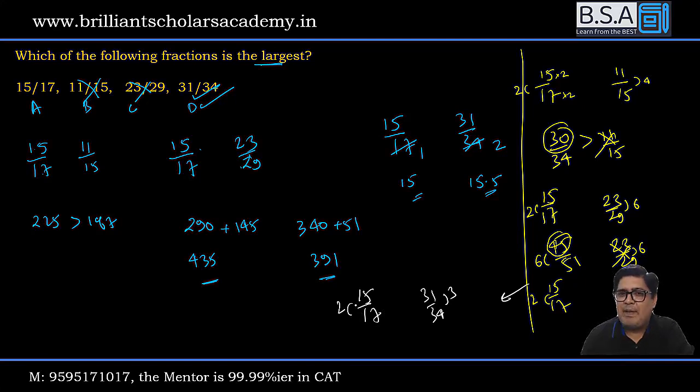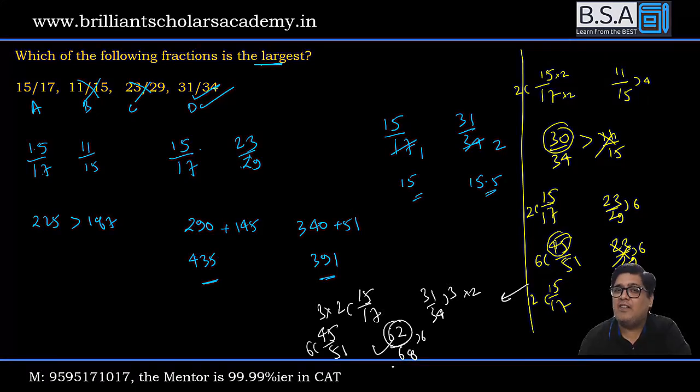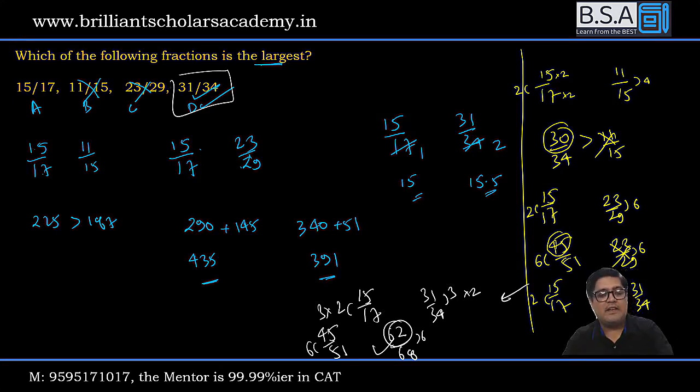Can I make the gap equal? इसको 3 गुना कर दो, इसको 2 गुना कर दो. So that becomes 45 by 51 and that becomes 62 by 68. The gap is equal, the gap is 6. Absolutely. Larger terms gives you larger ratios. Done. Answer is D. That is why I'm saying these are such minute and such simple things.